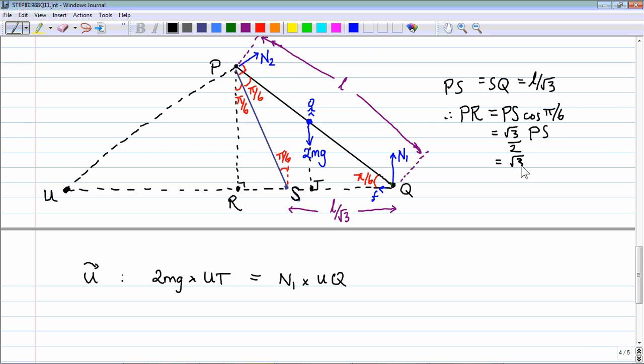So that's root 3 over 2 times L over root 3. So we get L over 2. So PR is L over 2. Alright. Now, what about UR? I think I need the angle QUP, don't I?